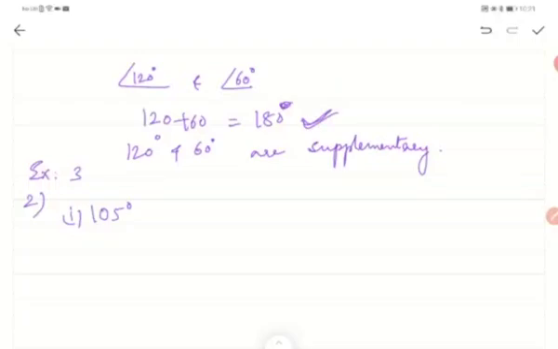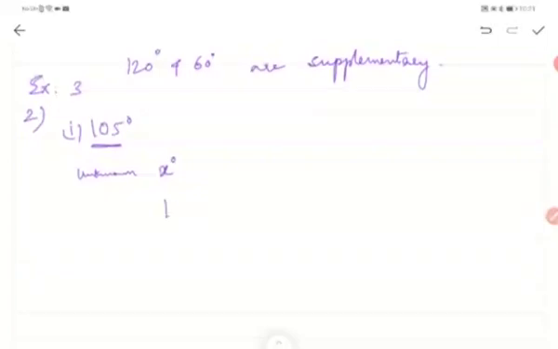They're asking us to find the supplementary angle to 105. The angle which is unknown, let's take it as x degrees. Since they are asking us to find the supplementary angle to 105 degrees, I will take 105 degrees plus x degrees equal to 180 degrees.